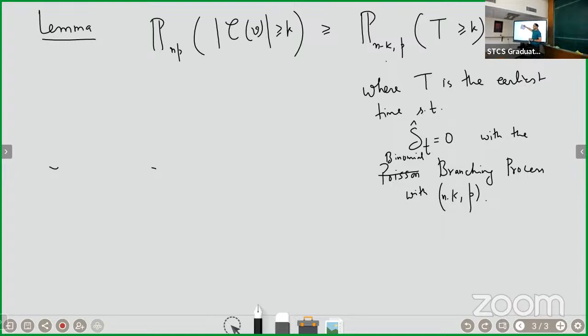For my actual Erdős–Rényi graph, what is the probability that the connected component of a particular vertex is greater than k? I want to show that this is greater than the corresponding probability for a binomial branching process with parameters n minus k comma p. I'm looking at the time by which the process stops. That's also the progeny distribution. All of this we have done multiple times.